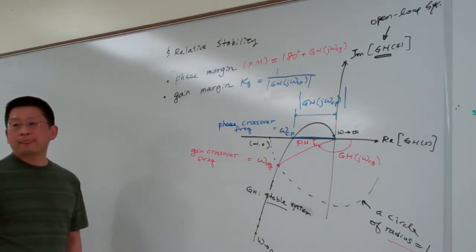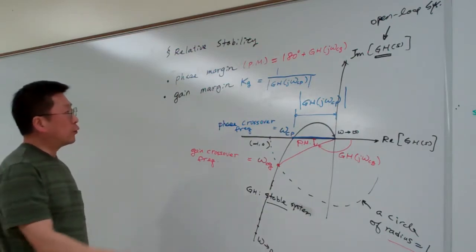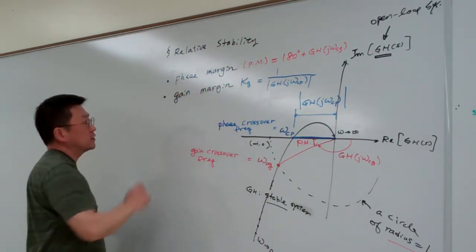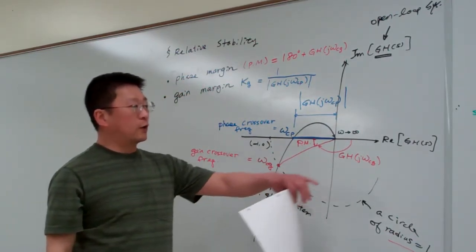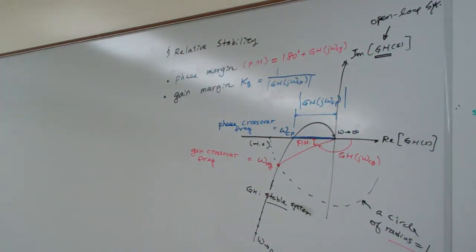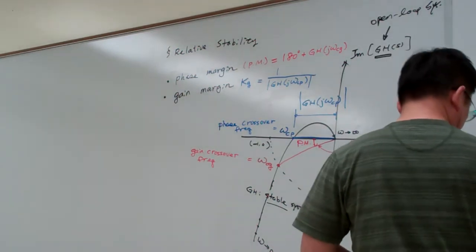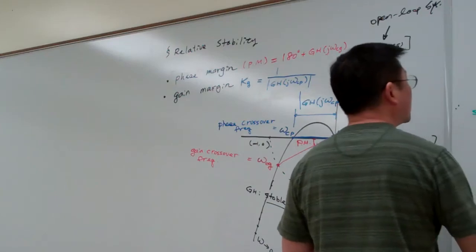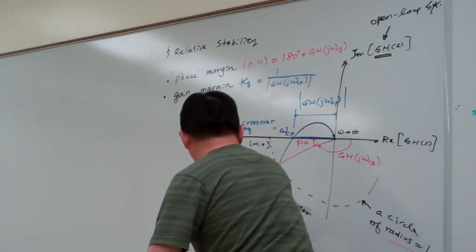Good? Okay, so with the introductions of the phase margin and gain margin, we look at our original example here and we try to apply. So for a more stable system, from here you can see, let me plot the circle here.